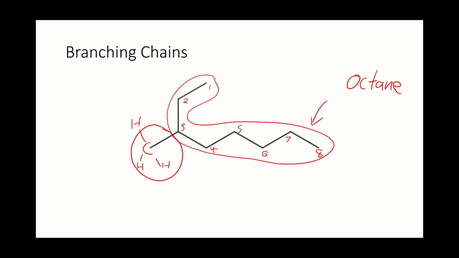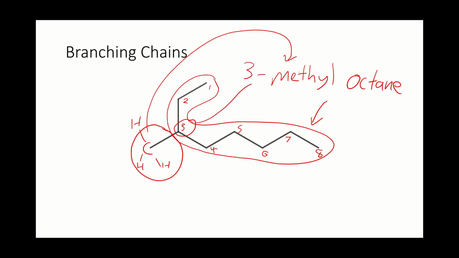So if you remember that 1 is meth, 2 is eth, 3 is prop, all of that sort of stuff. This is a 1 carbon side chain, and because it's a 1 carbon side chain, we can call this a methyl group. And so we have a methyl octane. But which carbon is the methyl group sticking off? It is carbon number 3. So it is a 3 methyl octane molecule.